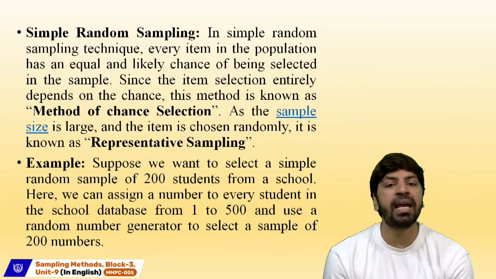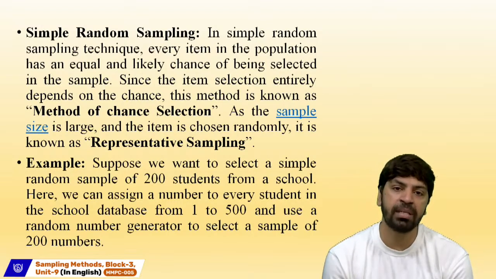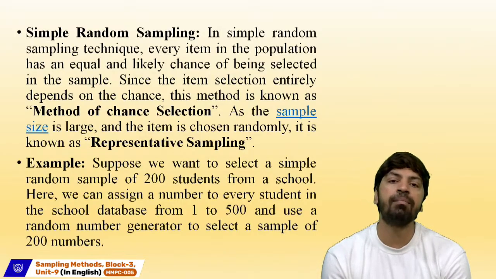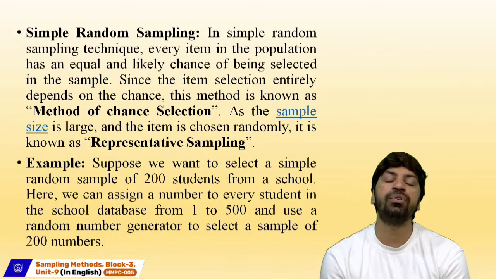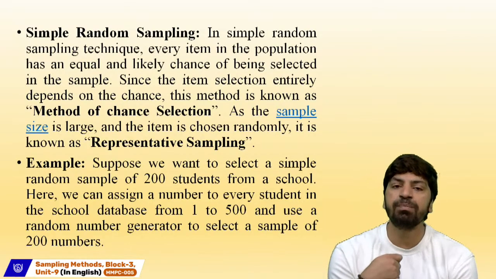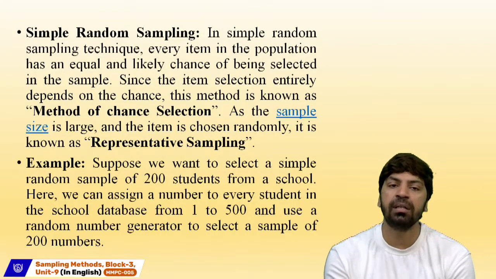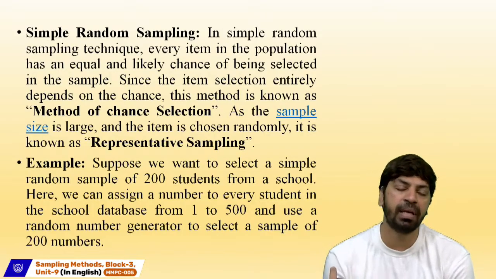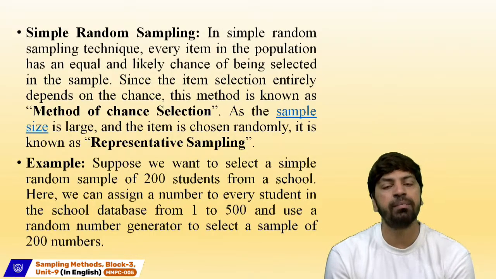We can assign a number to every student in the school database from 1 to 500 and use a random number generator to select a sample of 200 numbers. We just randomly pick numbers from the 500, and accordingly we select that sample randomly, and that is exactly called simple random sampling.